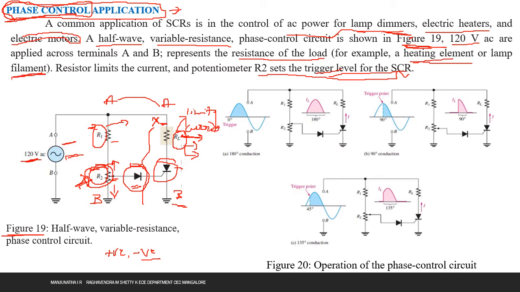How much resistance is required, and the required current across the heating element or filament, is decided by the load resistance, since the heating element and filaments are connected across the load.